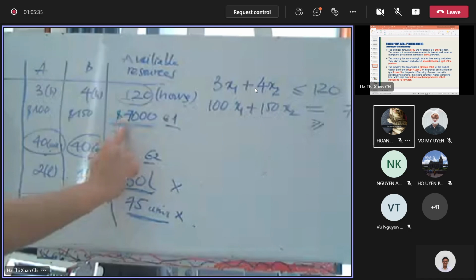Which one should we eliminate, which one should we take? I want you to draw that on your paper, because here we have a sub-constraint, a little bit different, that can make you confused. So I hope you can take the paper and draw them.